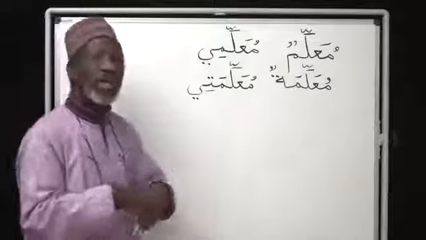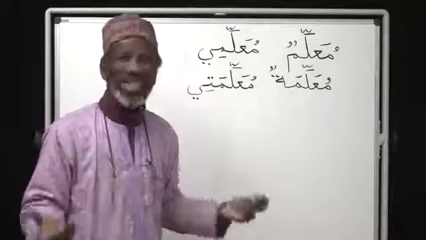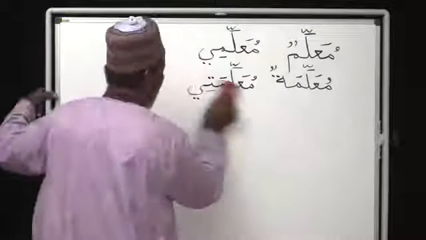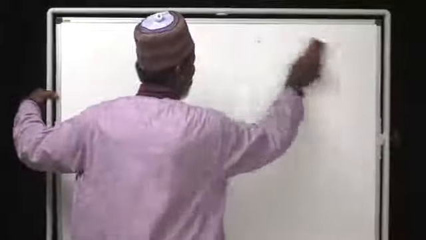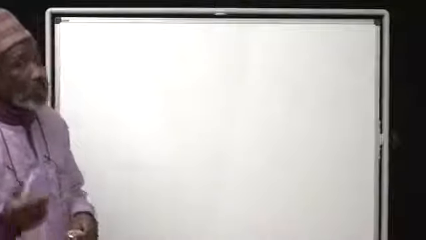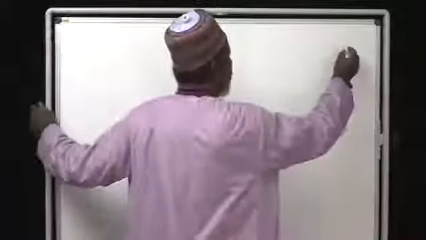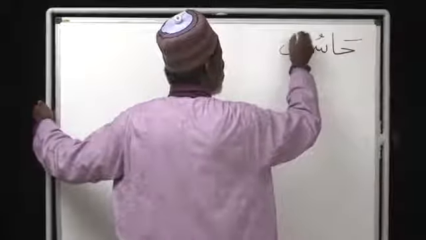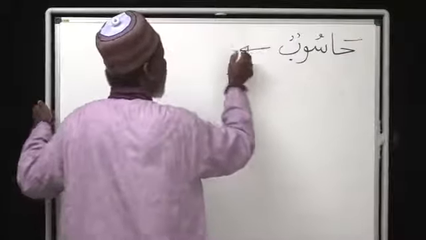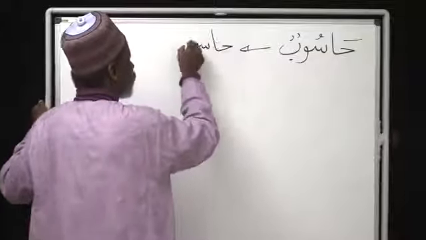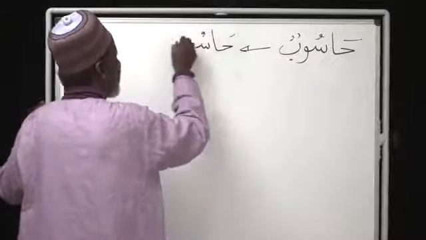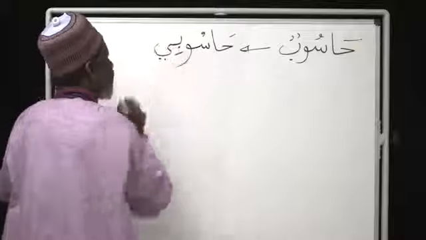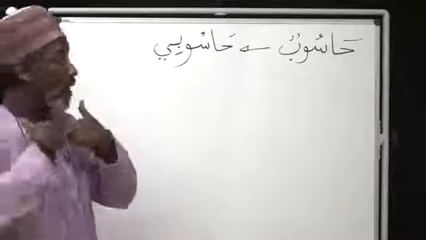Let's now transfer that to our favorite nouns, computer and bike. How do we say "my computer"? We have hasubun, a computer. Hasubun becomes hasubi. You put the kasra there, extend it with your lengthening ya. Hasubi, my computer.